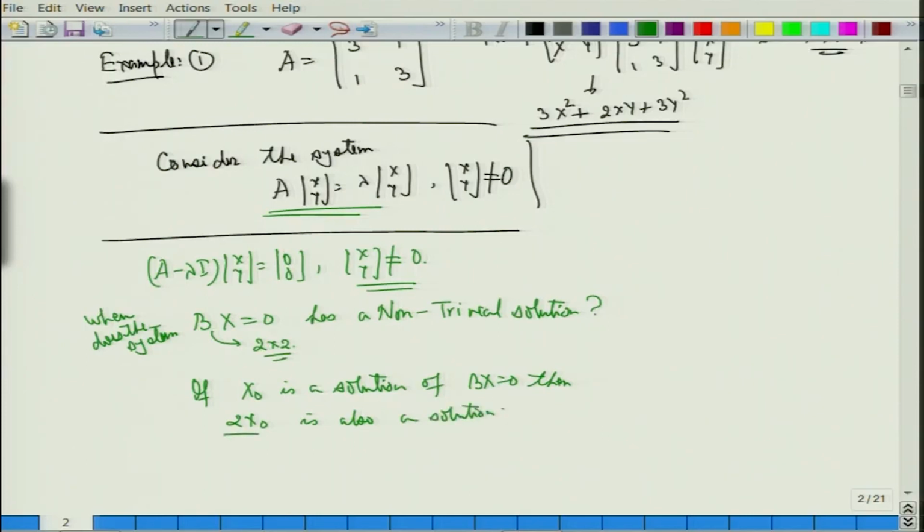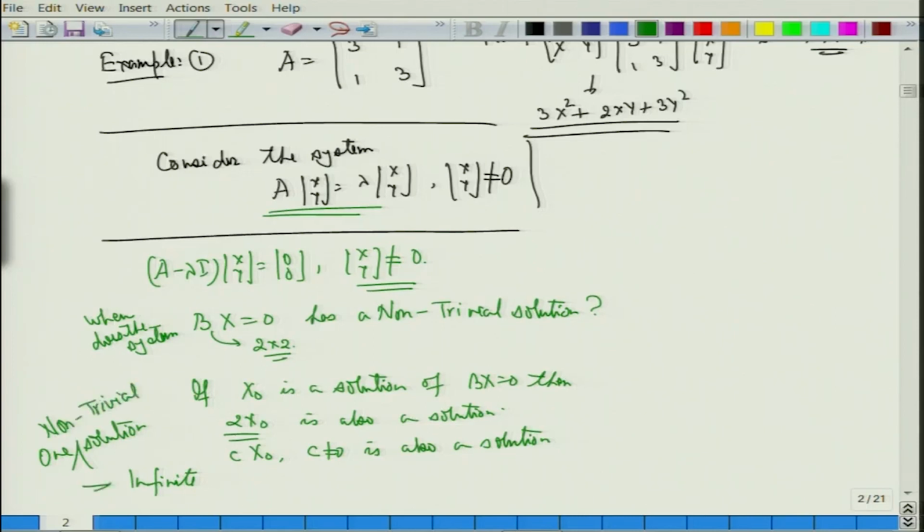Forget about 2x naught, any c times x naught, c not equal to 0, is also a solution. All right. So, we have got an infinite number of solutions. So, one non-trivial solution implies infinite number of solutions.